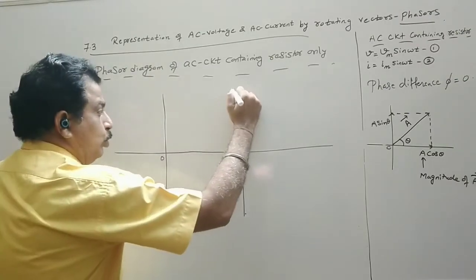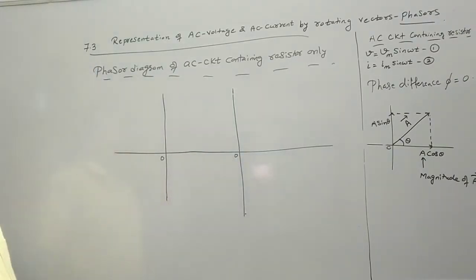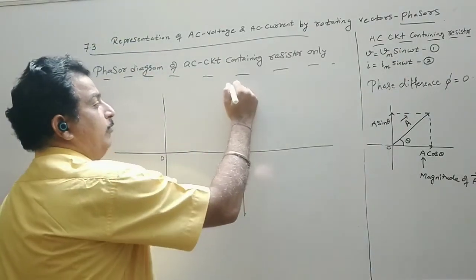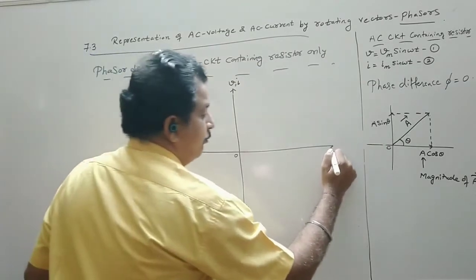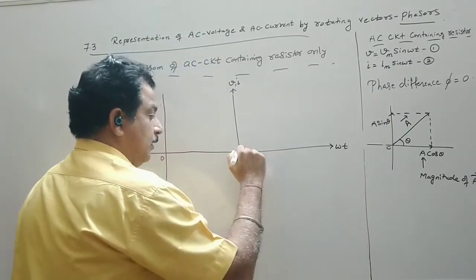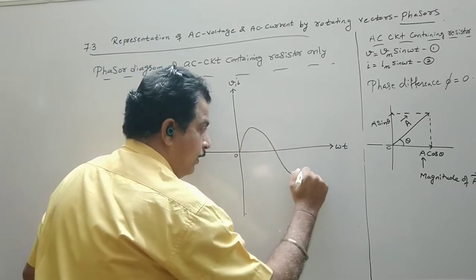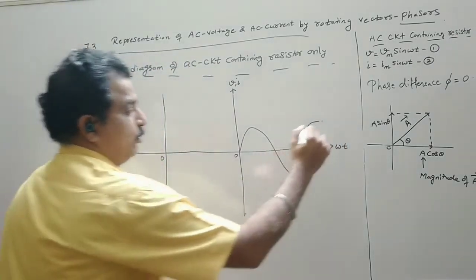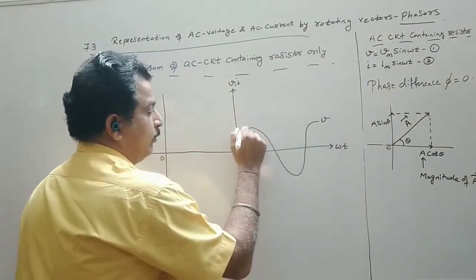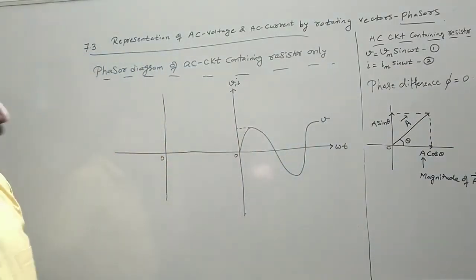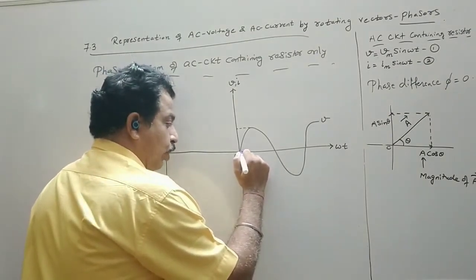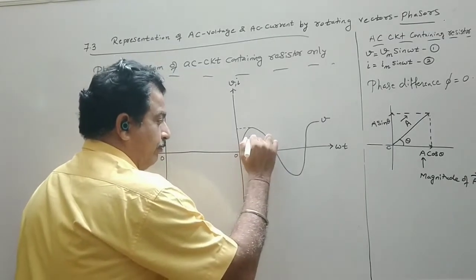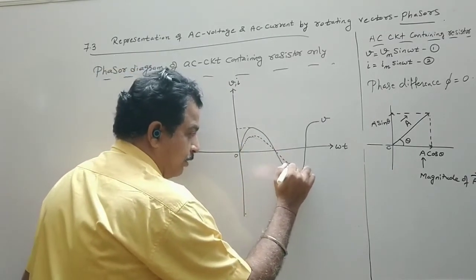Now suppose I want to draw the phasor diagram of this circuit. So we know the graph. V was a function of sine. So in the last lecture, we drew the graph of V versus omega t. So this was the sine graph. This is your V, and this value was Vm. Similarly, we draw the sine graph, the graph of current, which is also a function of sine.